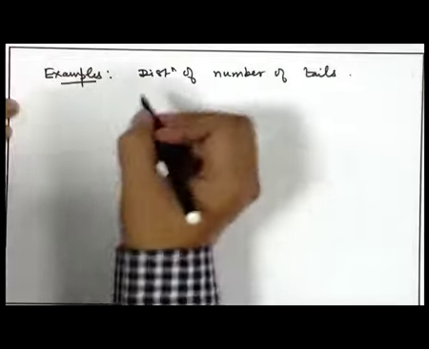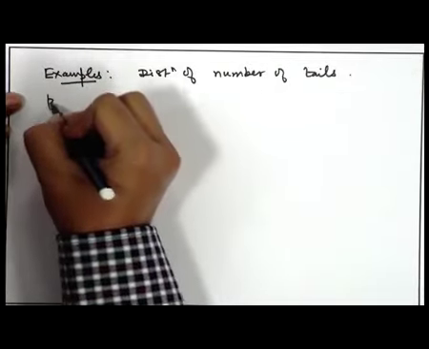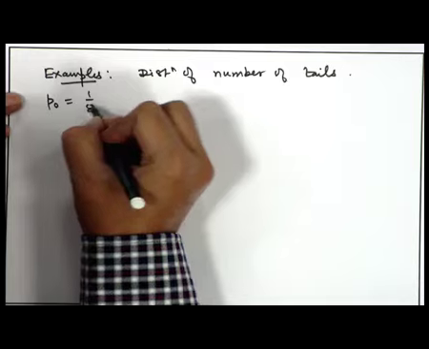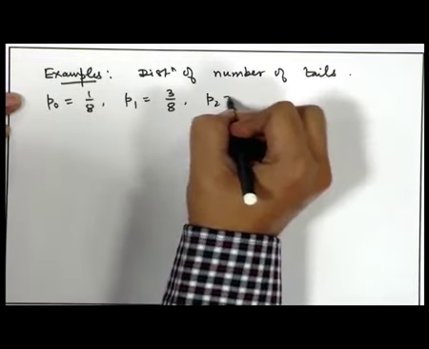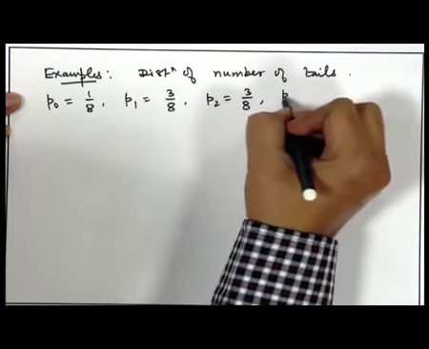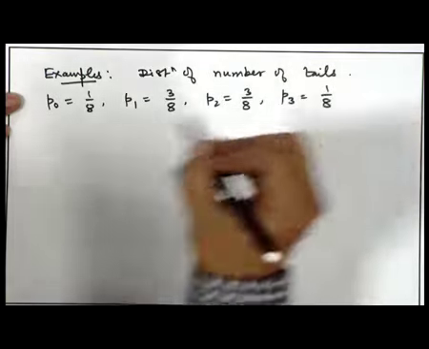So, for your reference I will again write here, P0 was 1 by 8, P1 was 3 by 8, P2 was 3 by 8 and P3 was 1 by 8.